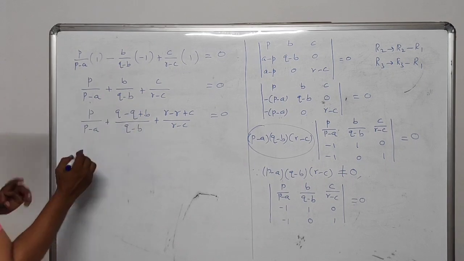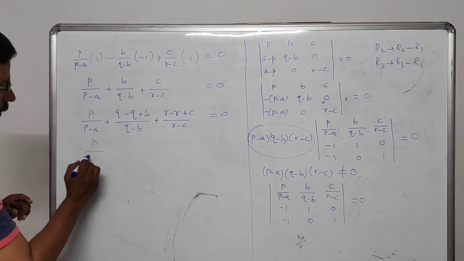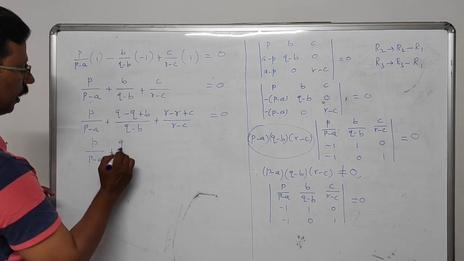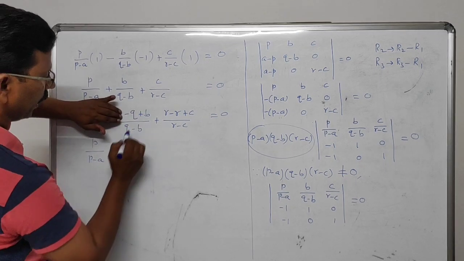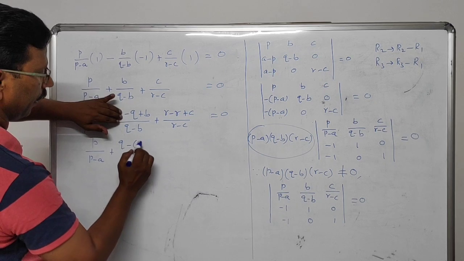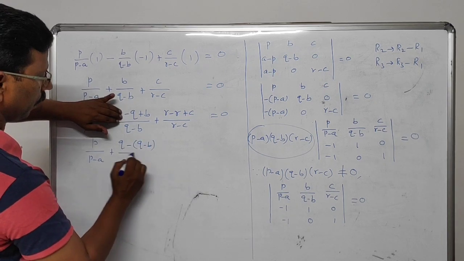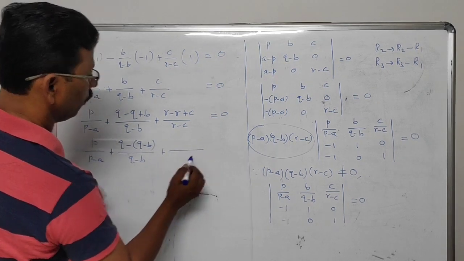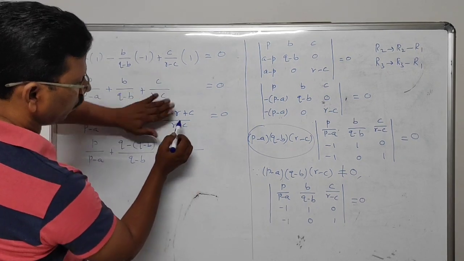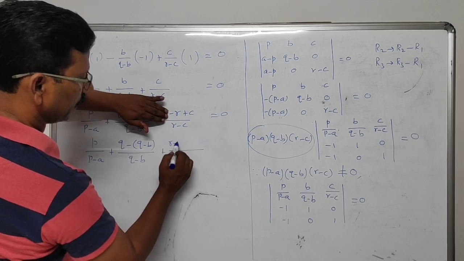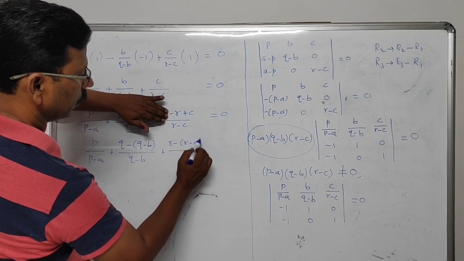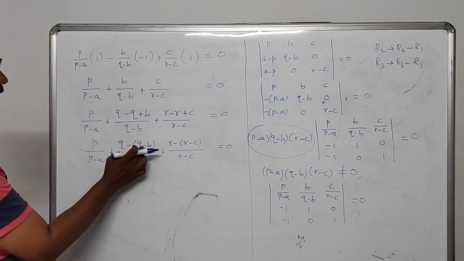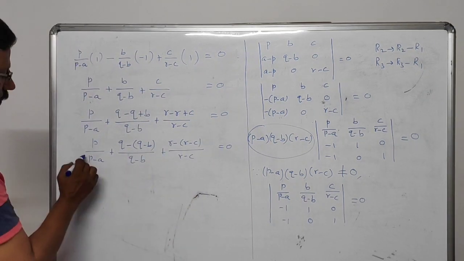Now this can be modified as p by p minus a plus this term, q is here. From these two terms you can take minus sign outside, and you will get q minus b by q minus b. Then plus here also keep this r, then from these two terms you can take minus sign outside, and you can get r minus c by r minus c equal to 0, because you want to make these two equal.